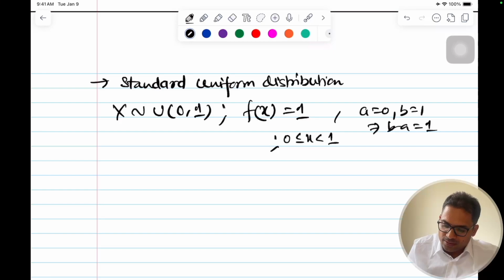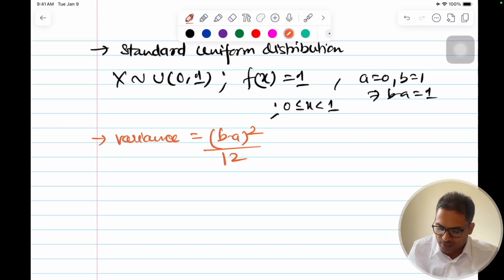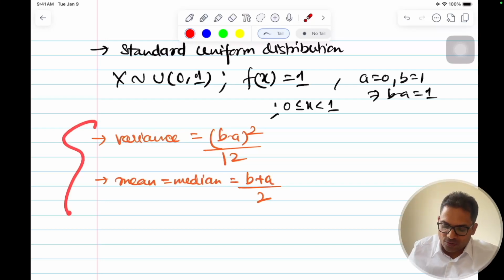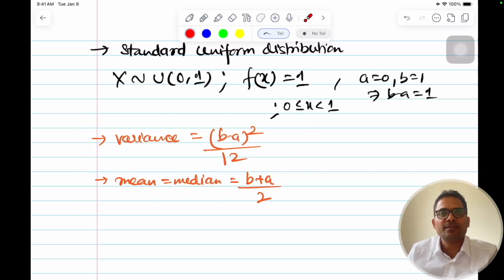Okay, there are some more properties around this that are studied: the variance is given by b minus a whole square by 12, and the mean is equal to the median. These are statistical properties that are known. That's what I said, that once we have formulated a real world problem into a random variable and we know its distribution, then a lot of statistical properties are readily available for that distribution that can be used for mathematical analysis, and we'll know a lot of information about the problem at hand.